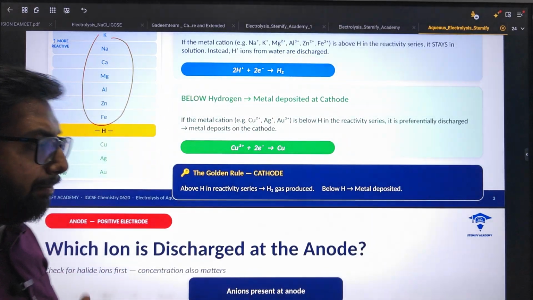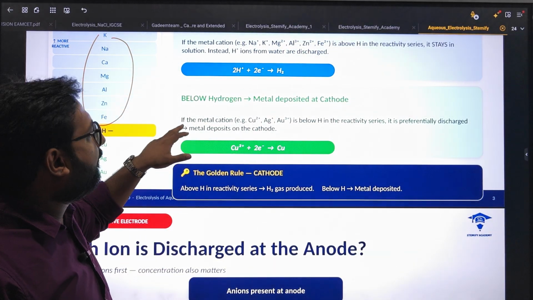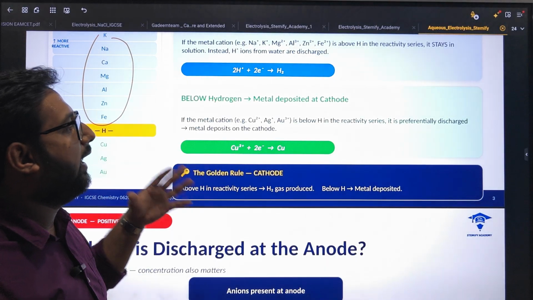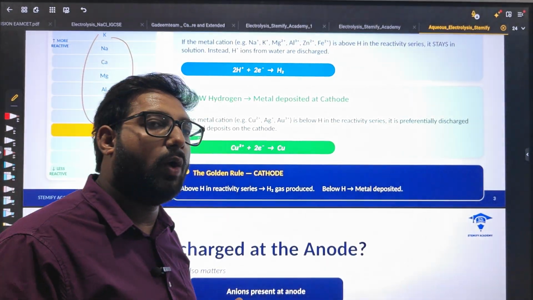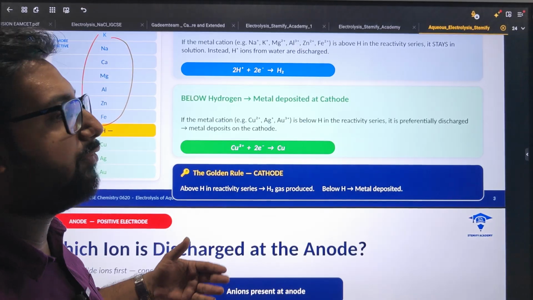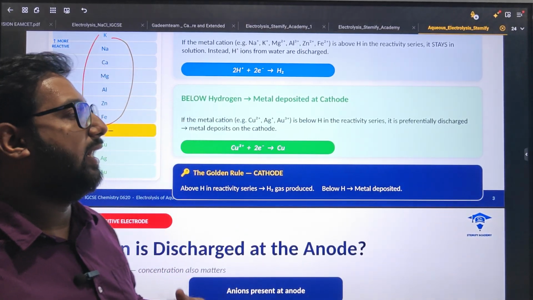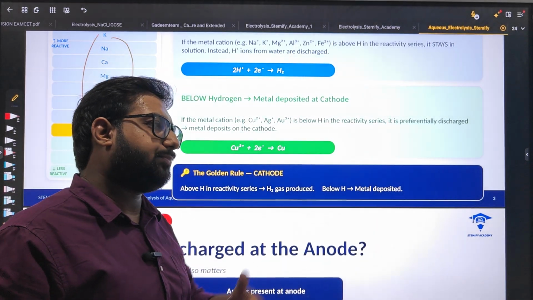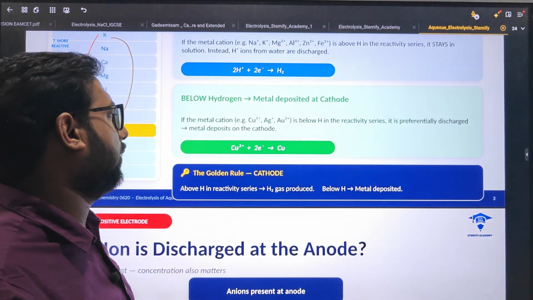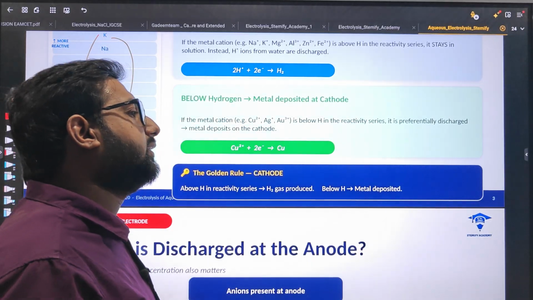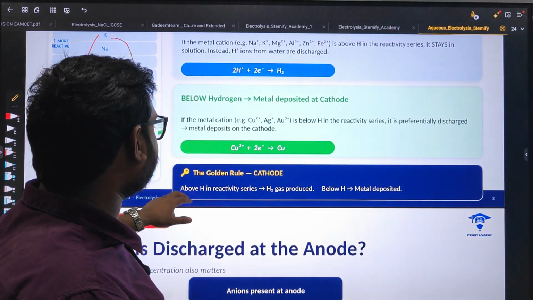Now, below hydrogen, if any metal cation, let it be copper, silver, or gold, so these are below hydrogen in the reactivity series. If you find these ions in the aqueous solution, they will get discharged. These metals will get discharged at the cathode and H plus ion stays in the solution.